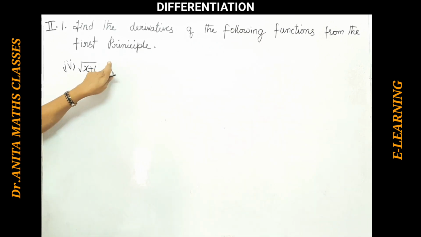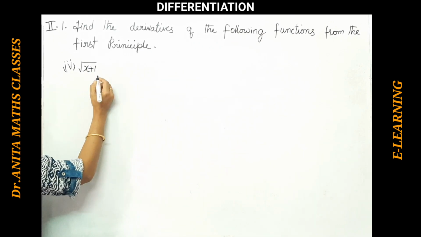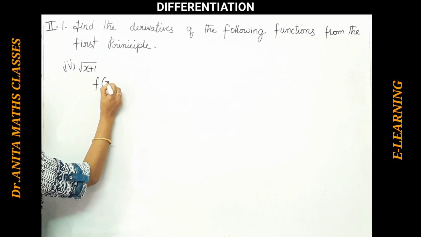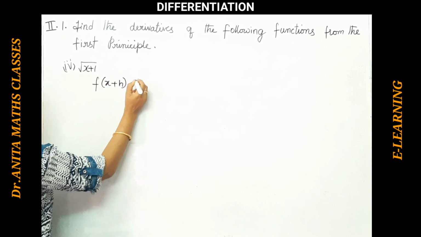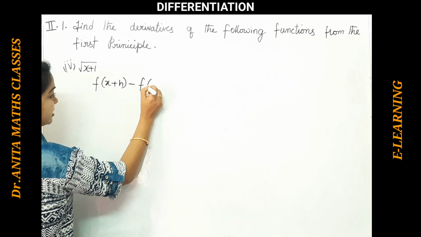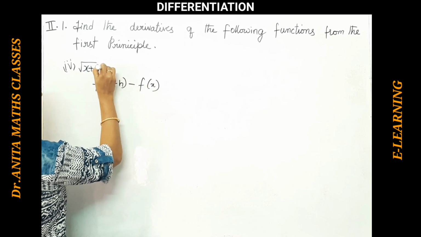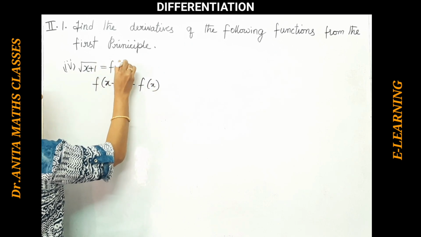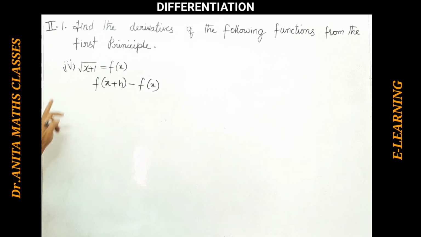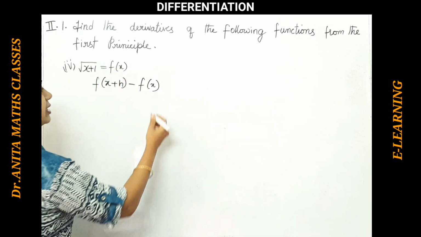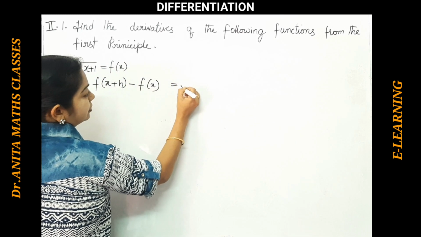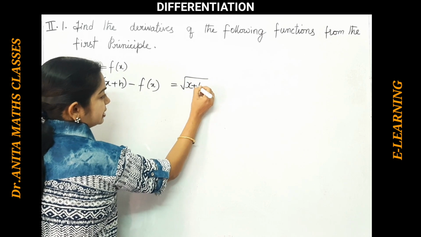So according to the first principle, first I'll find f of x plus h minus f of x. Let me consider the function in the question as f of x. So let me write f of x plus h, that is under root x plus h plus 1.